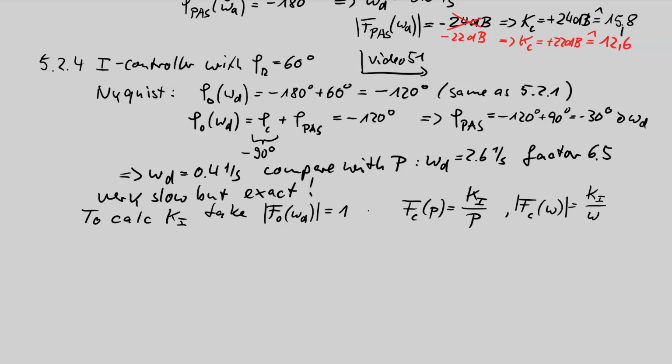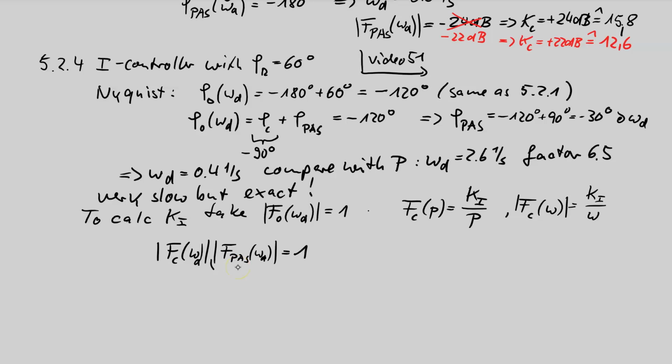So if I go into this expression, I calculate the following final result: the magnitude of the controller times the magnitude of my process actuator sensor at omega d should be 1.